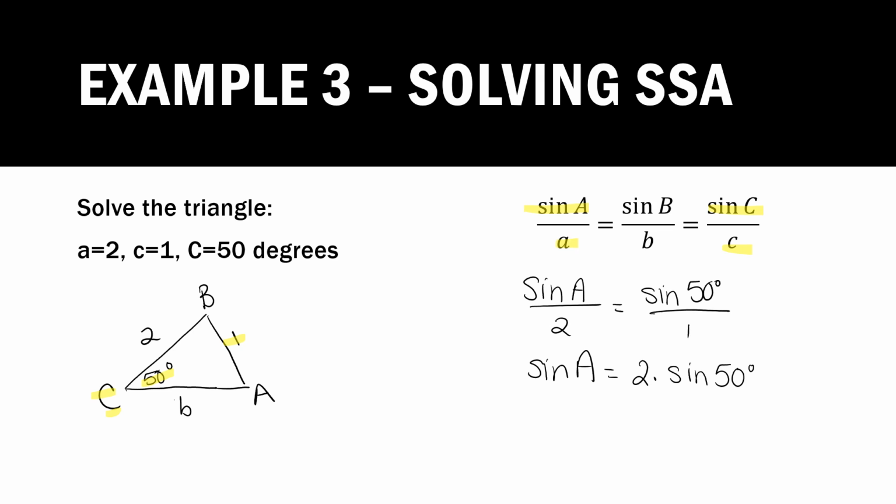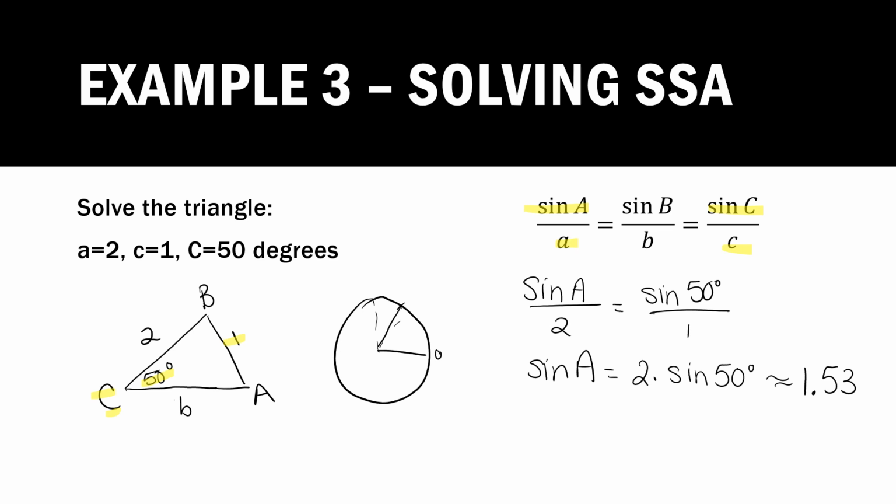I'm going to do something a little bit different. I'm going to actually go ahead and calculate this. 2 times the sine of 50 degrees would be 1.53. Now, the problem with that is, remember, when we're working with the unit circle, here's 0, here's 90 degrees, here's 45, so 50 would be right here.